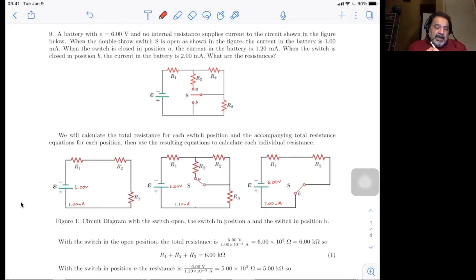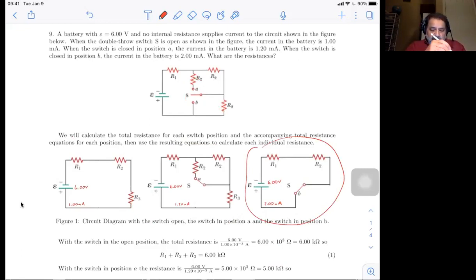In position A, this is the circuit here. You have R1, and then the R2s are in parallel basically, and then you have R3. And then when you switch it to B, basically it takes out one of the R2s, it takes out this R2, and it takes out this R3. It just bypasses it, and all you have is R1 and R2.